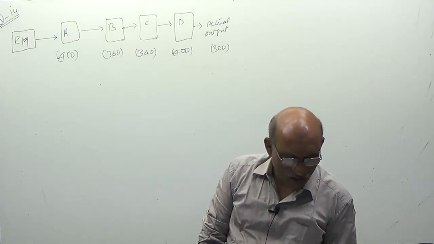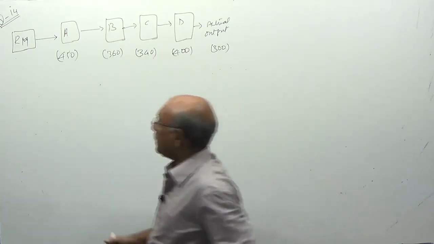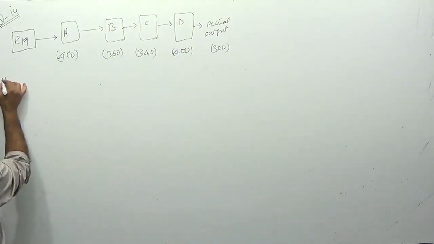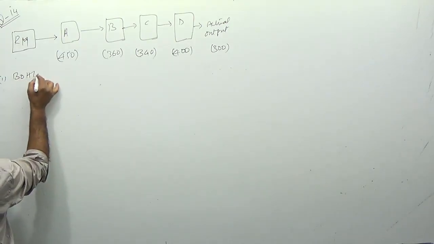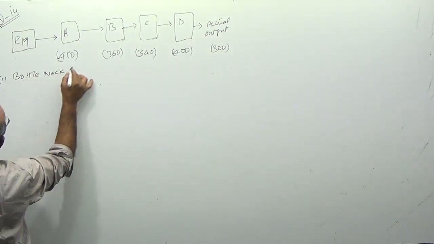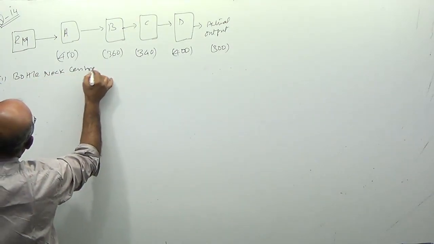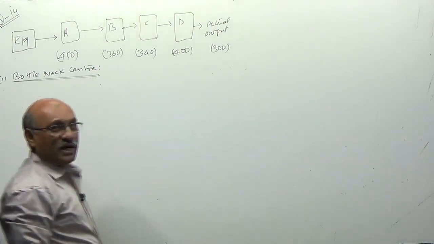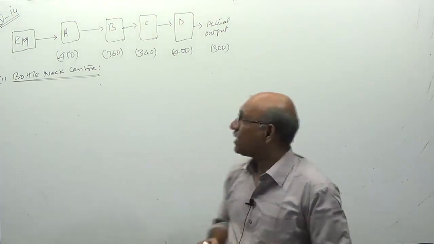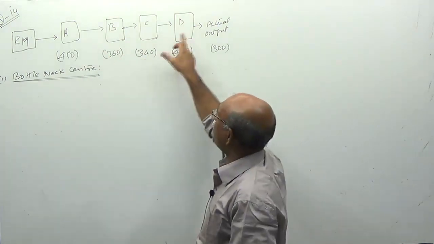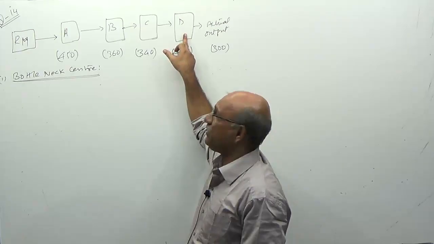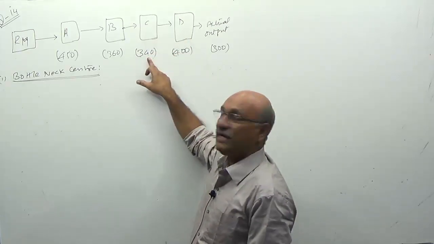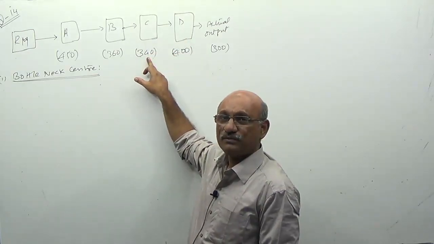Look at this one. Identify the bottleneck center. What is meant by bottleneck center? Out of the 4 work centers we have, A, B, C, D, C is having the least capacity, 340 units.